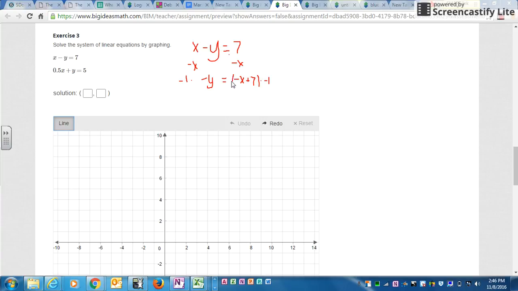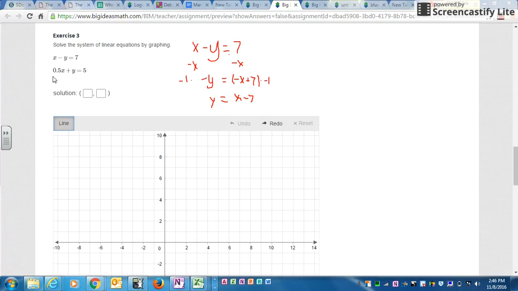And that's going to take this negative away. So negative 1 times negative y equals x minus 7 for my first equation. So y equals x minus 7 is this line.